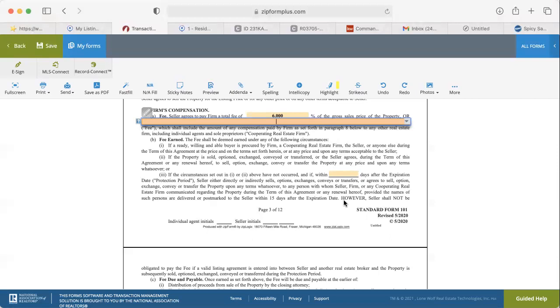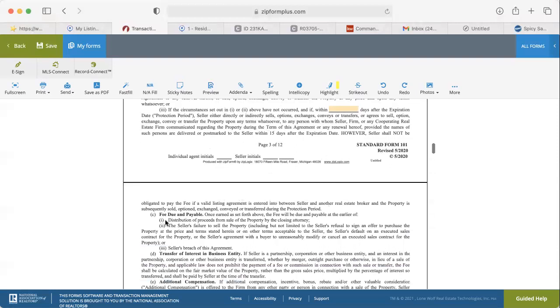The seller can say, great, but just know I still have to honor the listing agreement that I had with ABC Realty because they provided me with your name that you had looked at the property while it was still under the listing agreement.